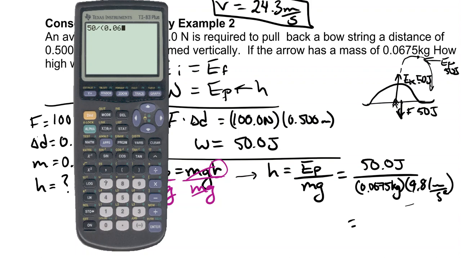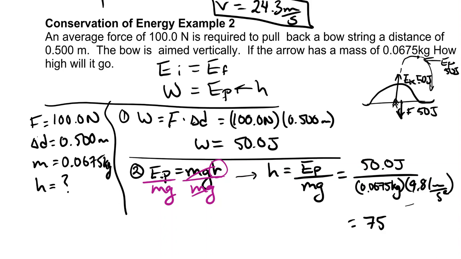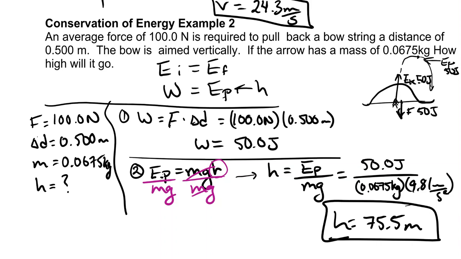So 0.0675 times, all within the same set of brackets, 9.81, end bracket. So we are going to get 75.5 meters. That is the height that this arrow is going to go. So we predict that this arrow is going to go 75.5 meters as long as we don't lose any energy along the way. And that's kind of one of the key steps here.